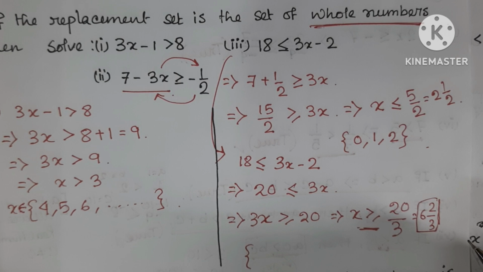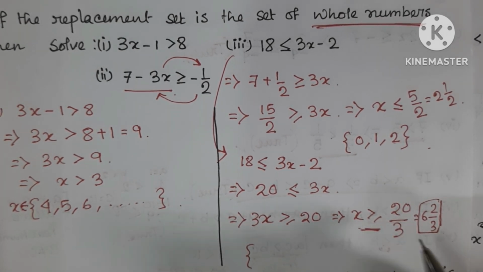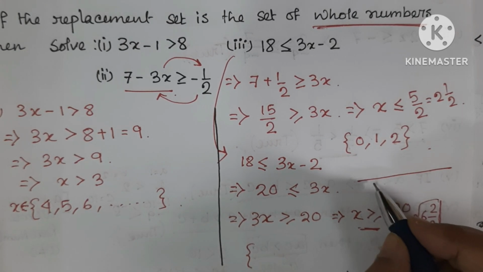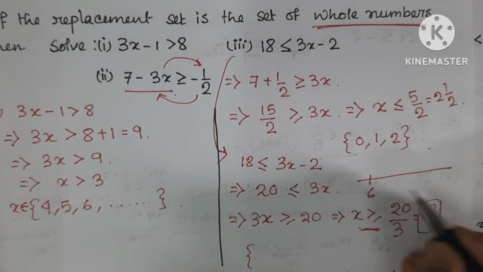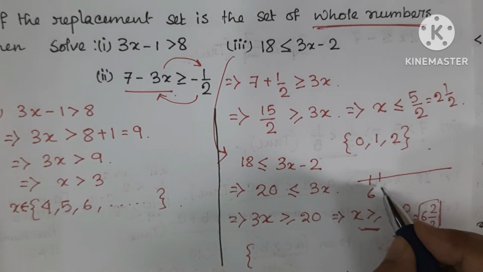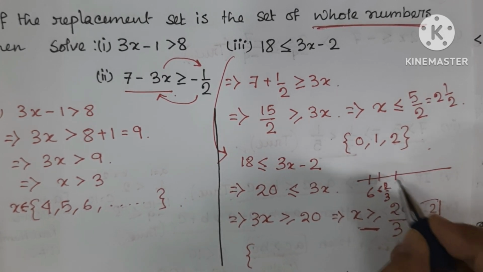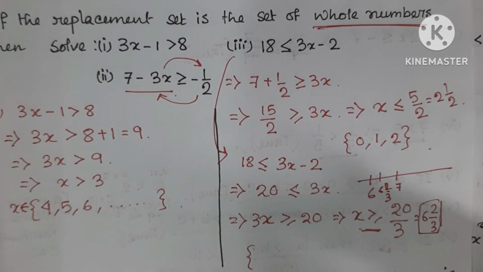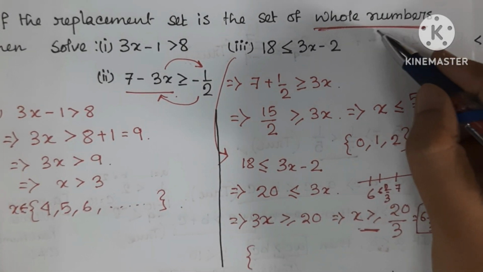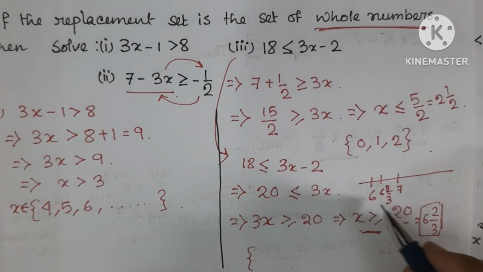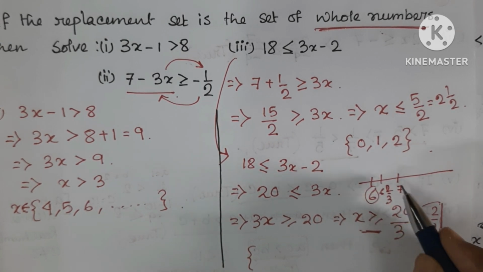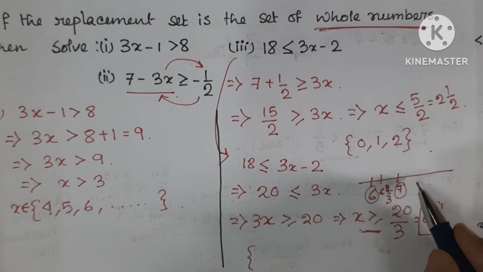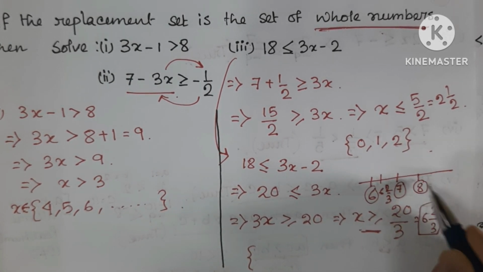Why can't you write 6 here? If you see the number line, 6, then 6 and a 2 by 3, then after that you will get 7, right? And here the replacement set is the set of whole numbers. So 7 is included, then 8, right?